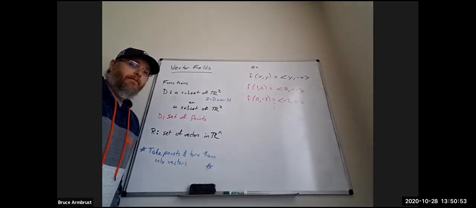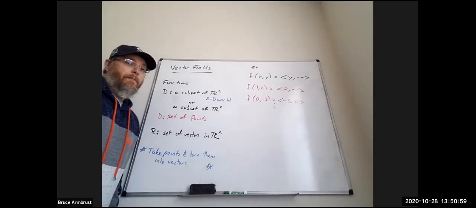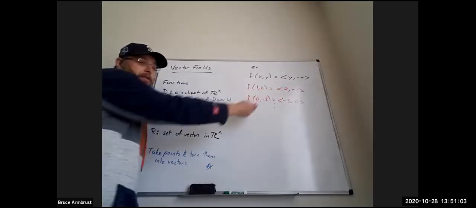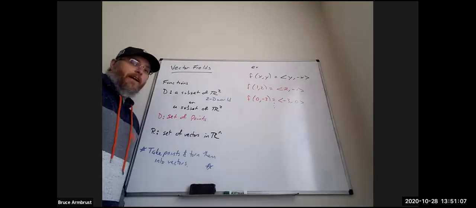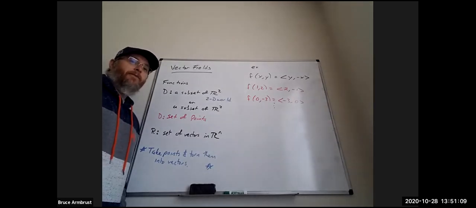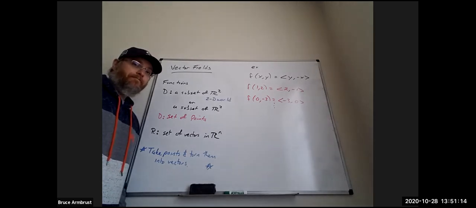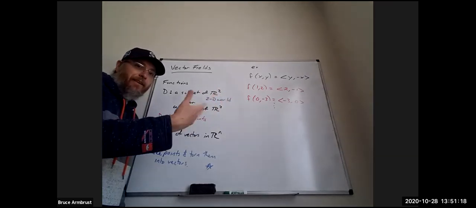I'll let Larry tax your brain with vectors in higher order realms. But there is nothing that says that these even have to match dimensions. You can take, like I said, a two-dimensional point and get a three-dimensional vector. That's perfectly acceptable. Basically, just plug the numbers in, you get that vector.